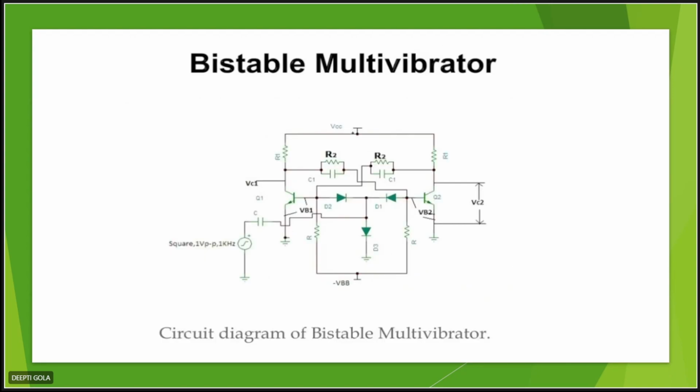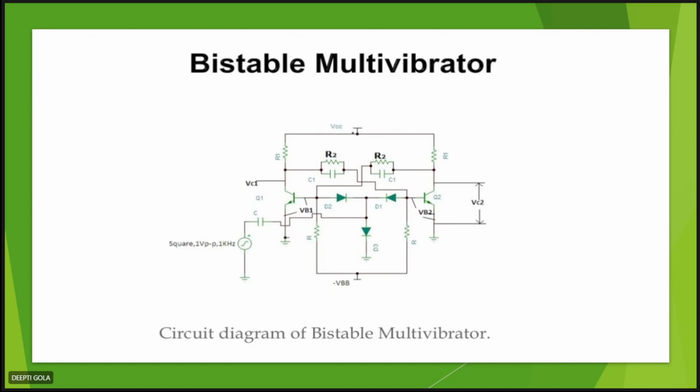So this is the figure for this multivibrator. Now we can see we are applying an external trigger, and this trigger is actually being divided between the bases of Q1 and Q2. All right. So at a time only one transistor will be on.